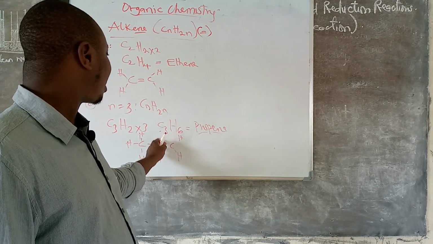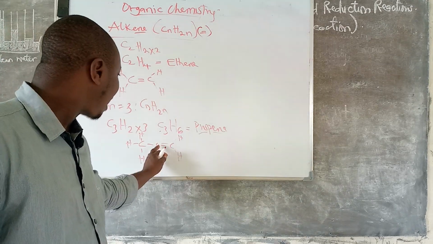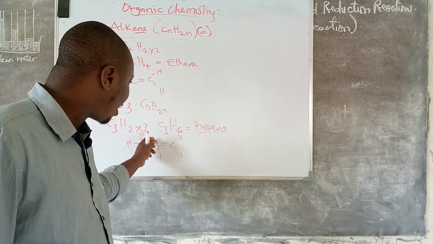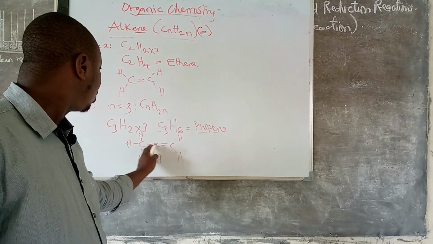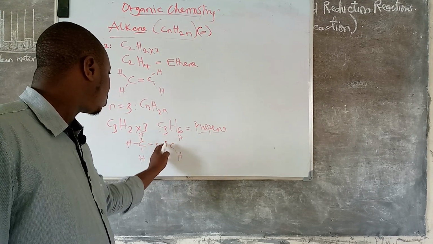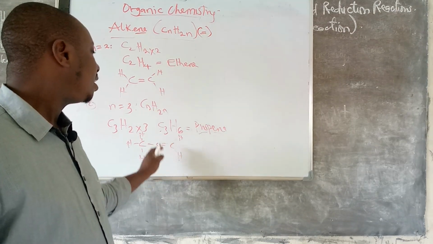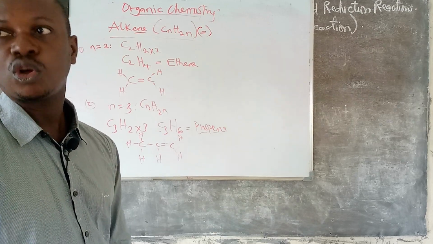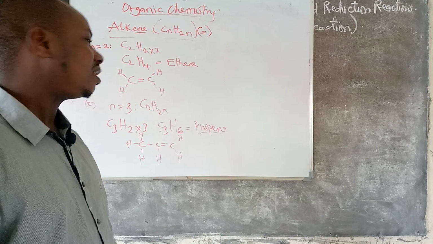If you try putting any other bond here, it is not what I'm teaching you. This carbon, the bonds there are complete: 1, 2, 3, 4. If you put any one here, the bonds will be 5, which is totally wrong. This one, 1, 2, 3, 4. 1, 2, 3, 4. So always be mindful of that. If you try to put anything here, this carbon atom will have 5 bonds, which is out of place. Each carbon atom will be surrounded by 4 covalent bonds.